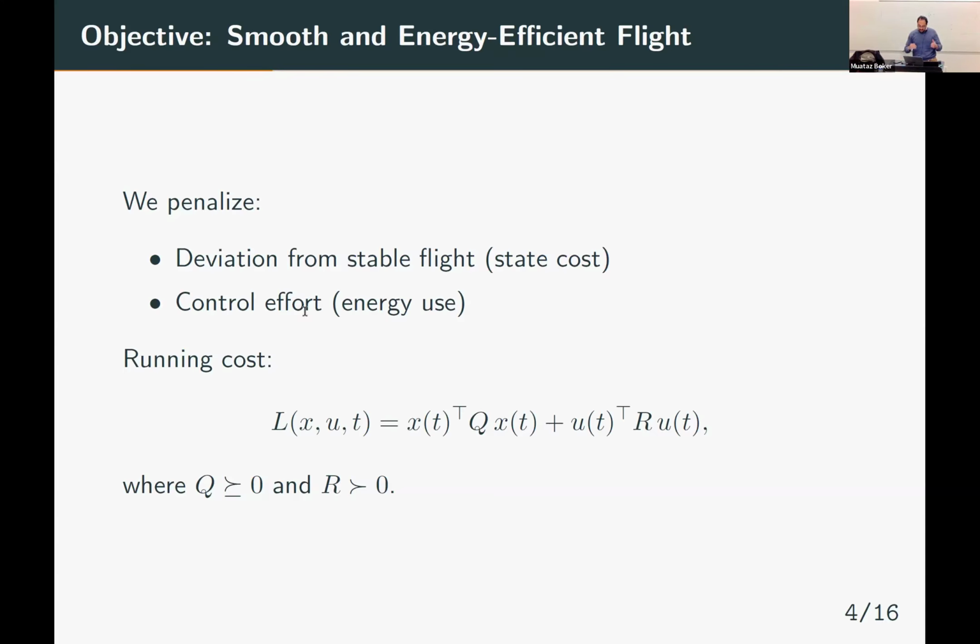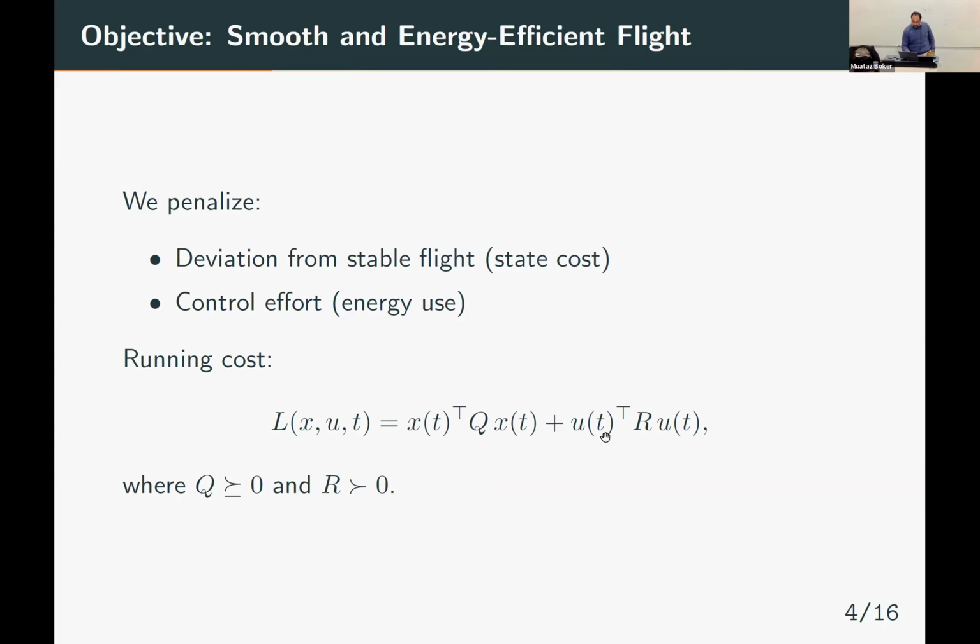If we minimize U, we are going to minimize the fuel. To make the state smooth and stable, this is the typical cost that we can choose, X transpose QX, and to make U as small as possible, this is the typical choice.